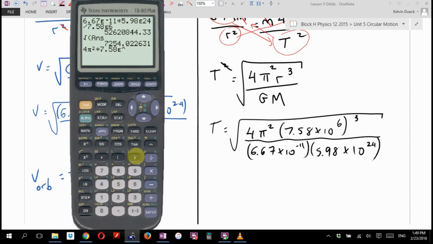I've learned on my calculator that an exponent next to scientific notation means it knows I want to cube this whole thing, not just the 10 to the 6th. You might need to put the scientific notation in brackets on your calculator. I don't know. Divided by, I have more than one number on the bottom. You better put it in brackets.